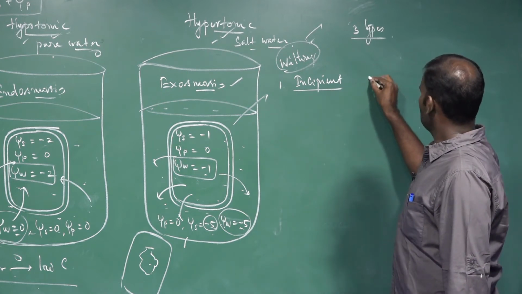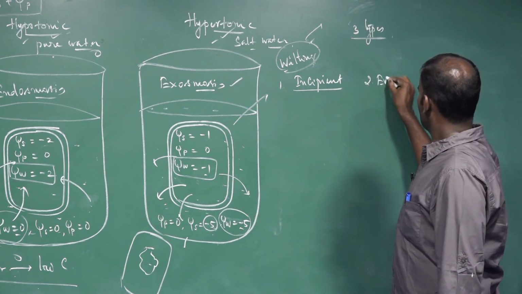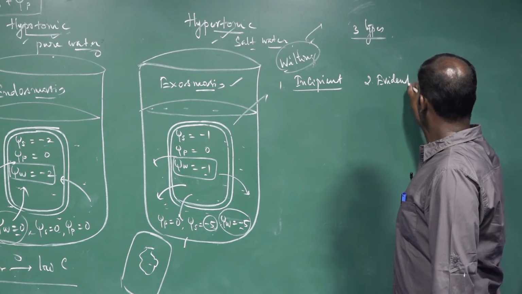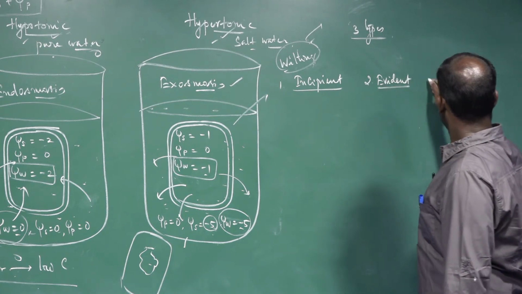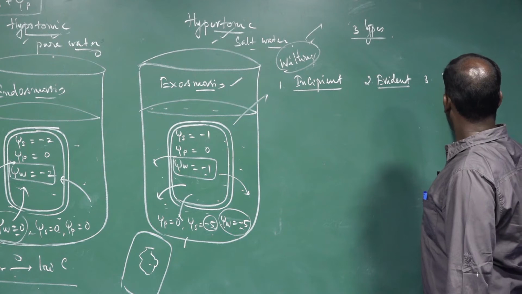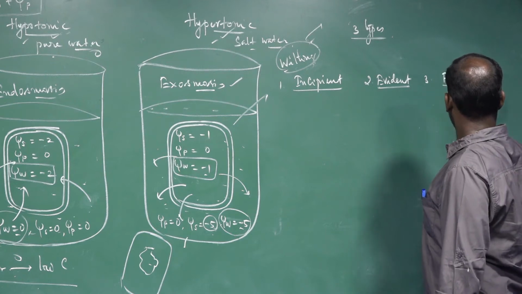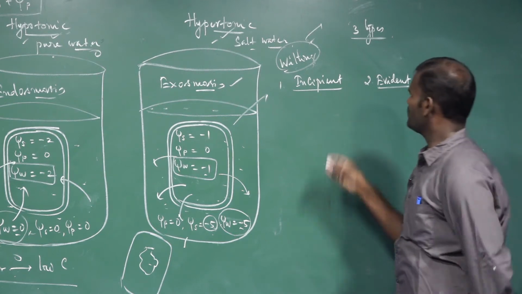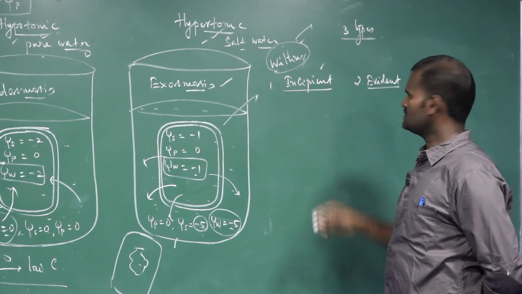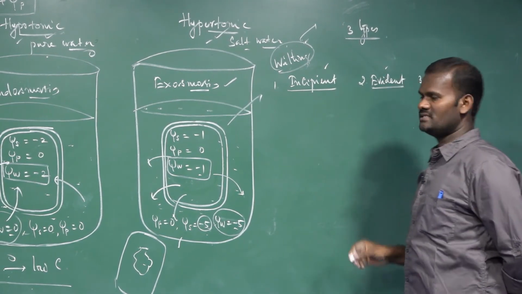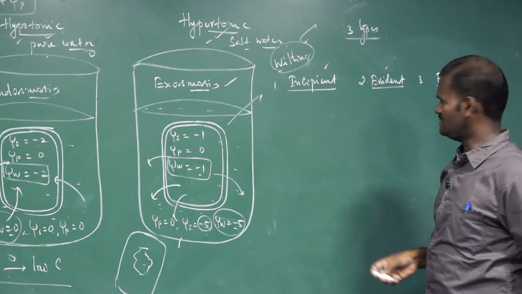The second one, evident plasmolysis. The third one, final plasmolysis. There are three types: incipient plasmolysis, evident plasmolysis, then final plasmolysis.